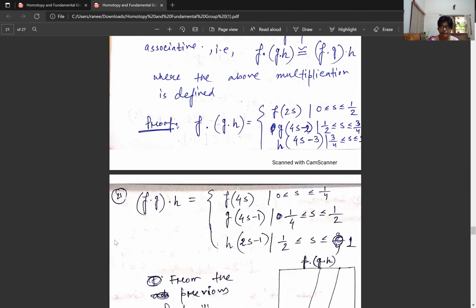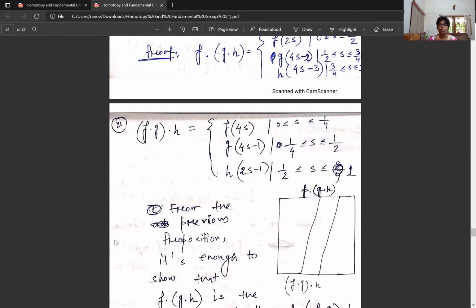And similarly for the second one, F composed G and then composed with H, it means that the last half of the path is traversed by H, and the first half of the path is traversed by F composed G. So the first half of the path is again divided into two halves, and the first half will be traversed by F, and the second half of the first half is traversed by G. That's how this definition makes sense.